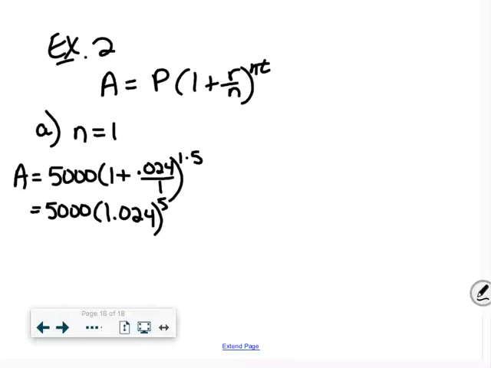So we might as well practice your graphing calculator or your red OGT calculator. Money is always rounded to the nearest cent unless otherwise stated. All right, I'm going to pause, and I want you guys to do B and C. Look at what quarterly is. Plug in all the information.